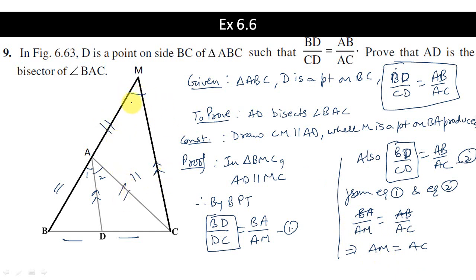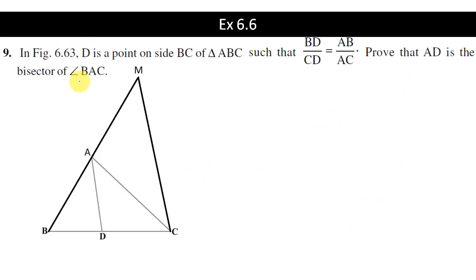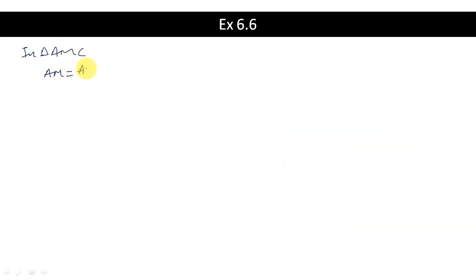Mark this as angle number 4 and this as angle number 3. So in triangle AMC we have AM is equal to AC. This we have proved above. In a triangle, if two sides are equal, then the opposite angles will be equal.